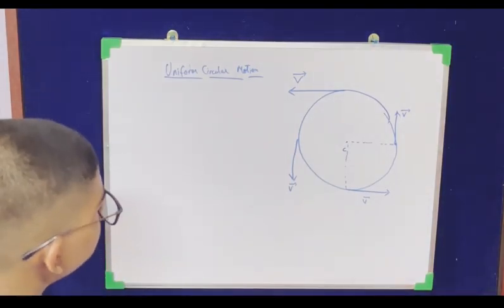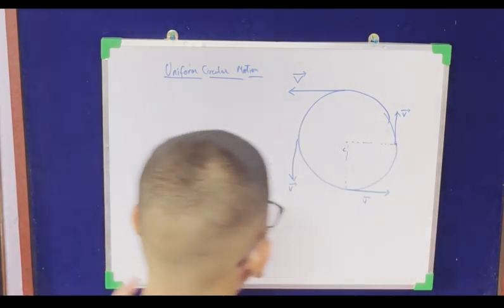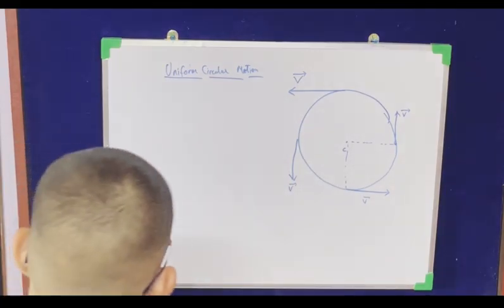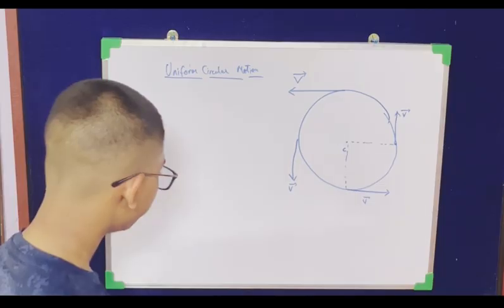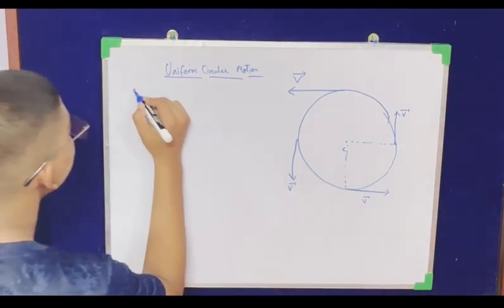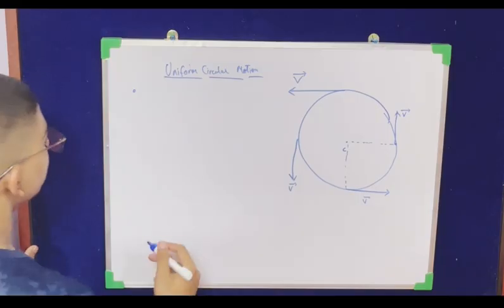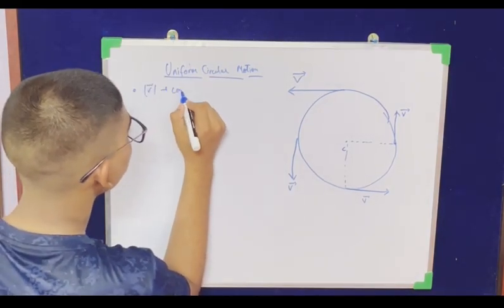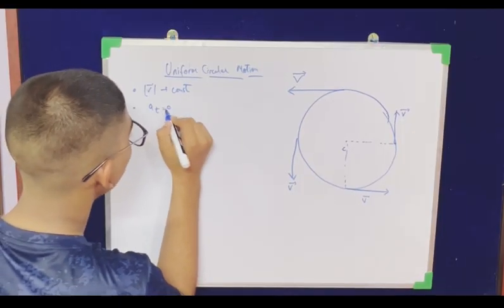So now, as we have described what angular displacement, angular velocity, and angular acceleration are, first let us write those things which we had written previously, and also we will have a revision. The magnitude of velocity is remaining constant, and if it is constant, at is equal to 0.